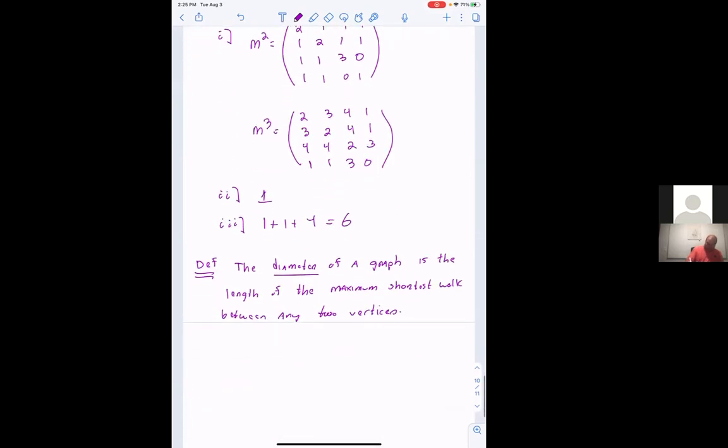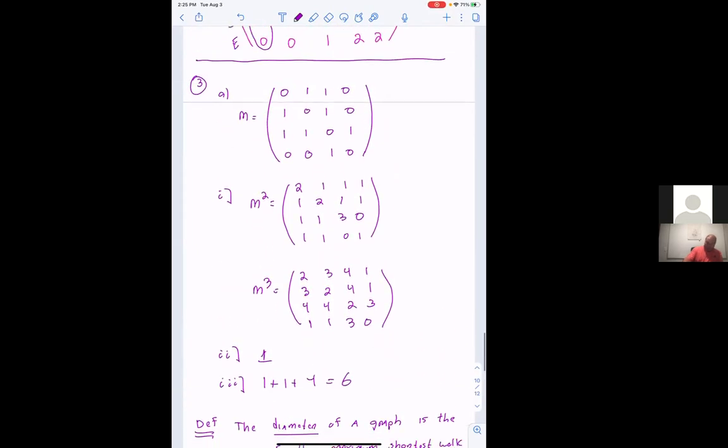So for part 4, use the powers of the adjacency matrix to find the diameters of each graph. Okay, because we're only working on part A right now.